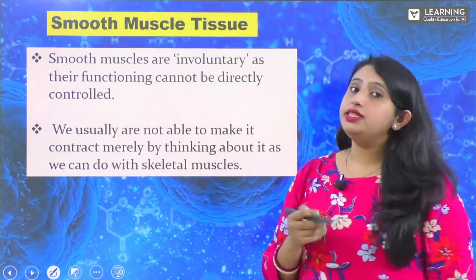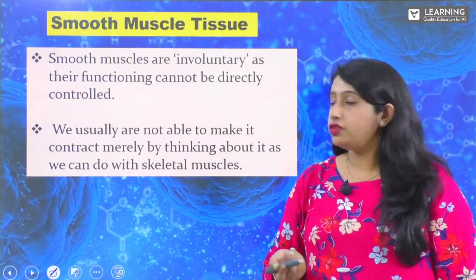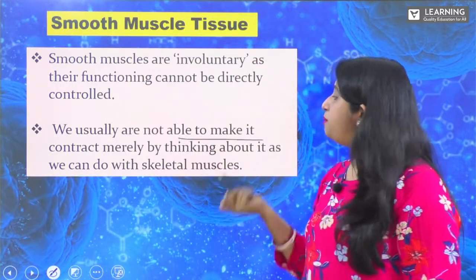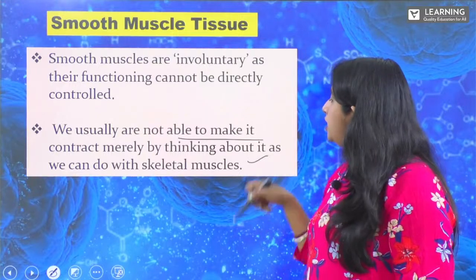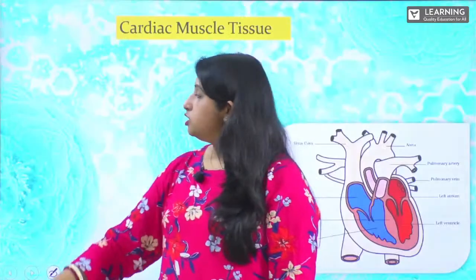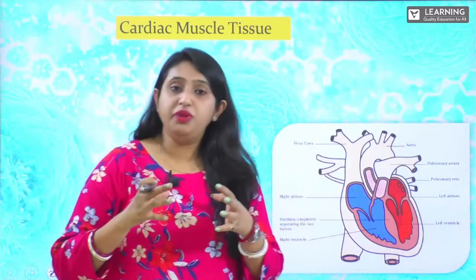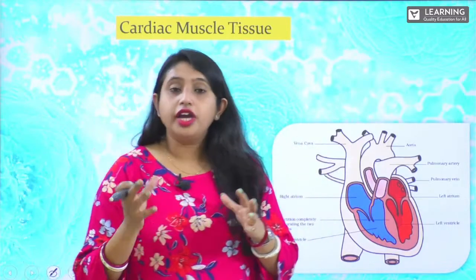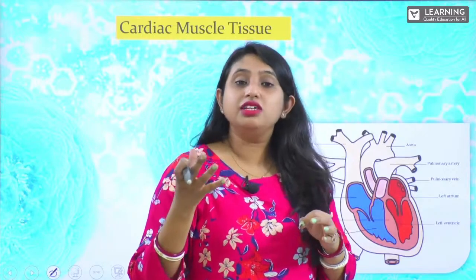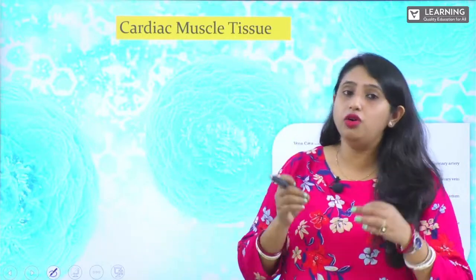So next, we have learned that they are involuntary, right? We usually are not able to make them contract by thinking of it. For example, can you control your heartbeat? Can you control the muscles in your stomach, kidney? No, right?